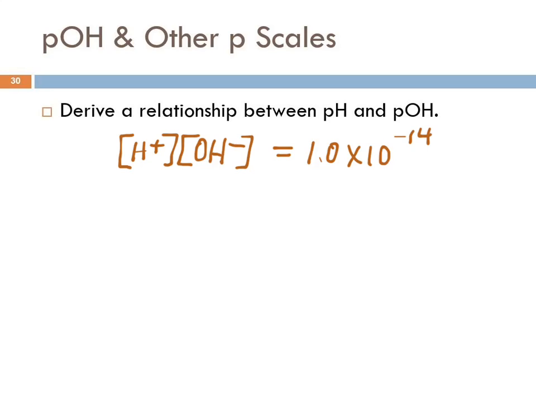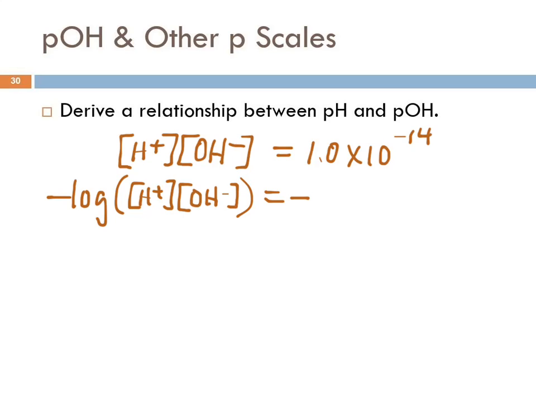Well, we've got an exponent here, and we're looking for pH and pOH, right? So pH is the negative log of. So let's take the negative log of both sides. The negative log of [H+] times [OH-], and the negative log of 1 times 10 to the minus 14.